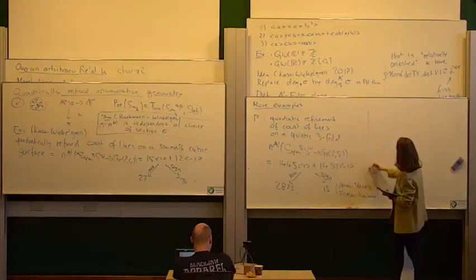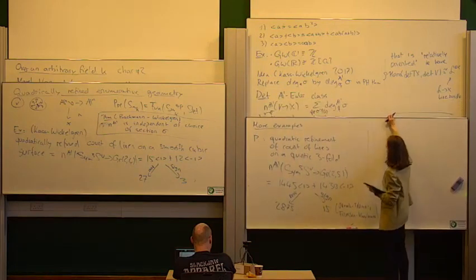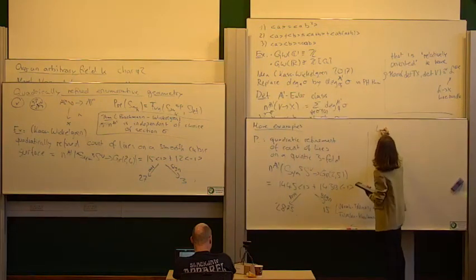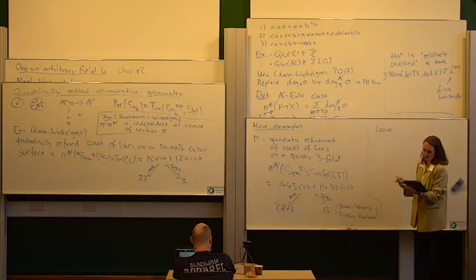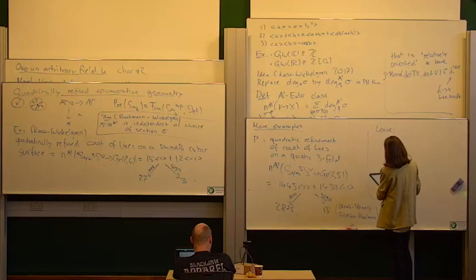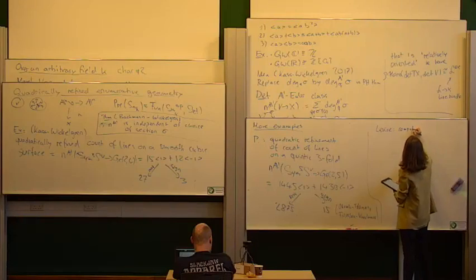But it turns out the guy who's now my boss did this faster than me. So Mark Levine was a little faster, and he did lines on hypersurfaces of degree 2n-3 in P^n in a different way, not with these local computations.